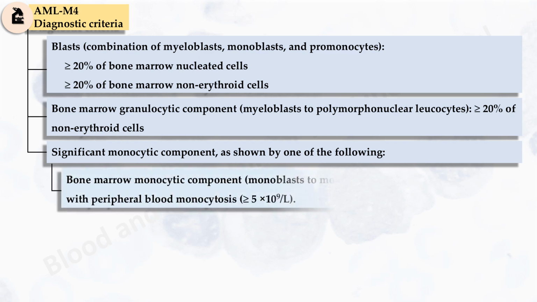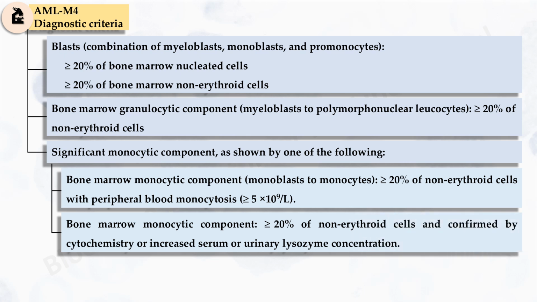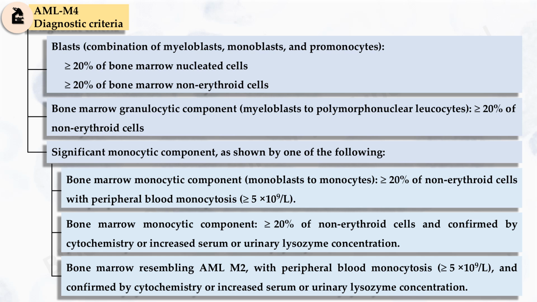Bone marrow monocytic component, monoblasts to monocytes, comprise 20% or more of non-erythroid cells, with peripheral blood monocytosis. Bone marrow monocytic component comprise 20% or more of non-erythroid cells and confirmed by cytochemistry or increased serum or urinary lysozyme concentration. Bone marrow resembling AML-M2, with peripheral blood monocytosis and confirmed by cytochemistry or increased serum or urinary lysozyme concentration.